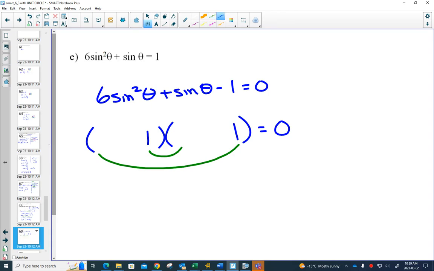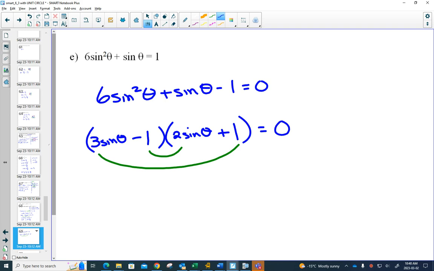But if you use 3 and 2, my outside is 3 sine theta, my inside is 2 sine theta. If I subtract, that would get me 1. So I would need a positive 3 sine theta minus 2 sine theta to get 1 sine theta.